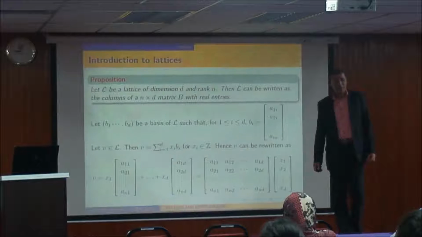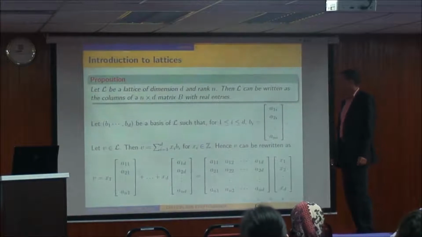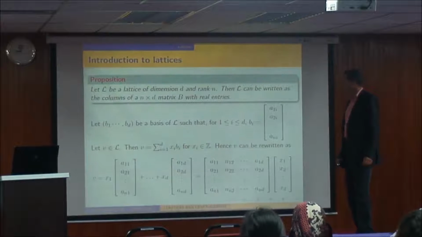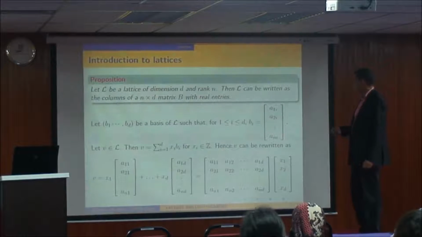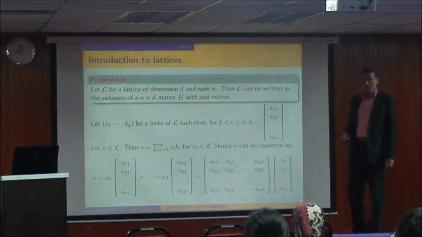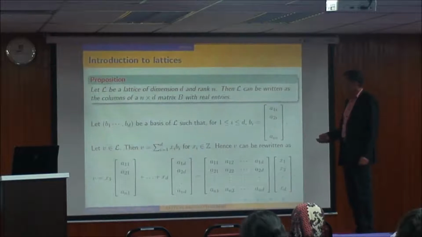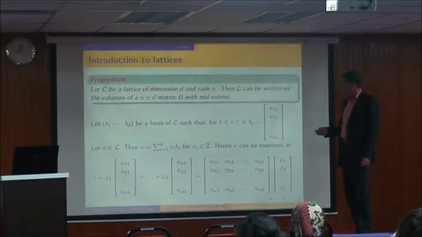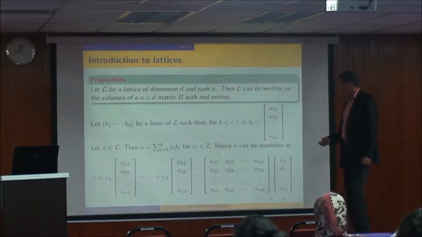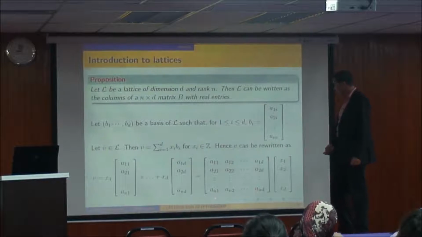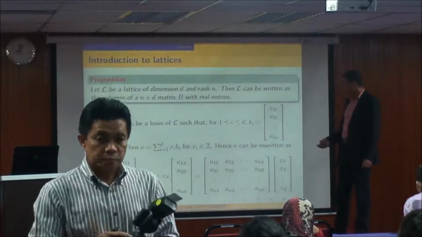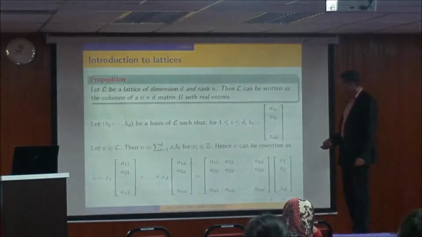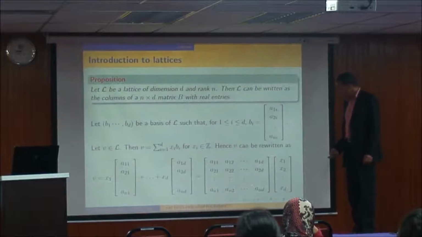And there are many properties, theorems and measures on lattices. For example, if you have a lattice and its basis, you can describe this lattice with a matrix. The matrix is n times t, and every vector in the lattice can be computed using this matrix.